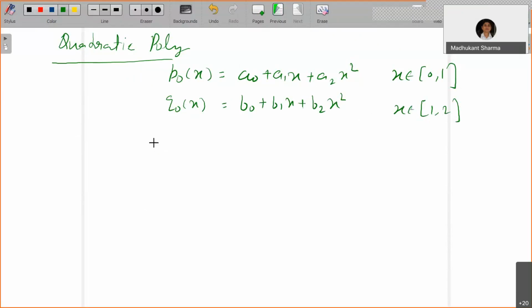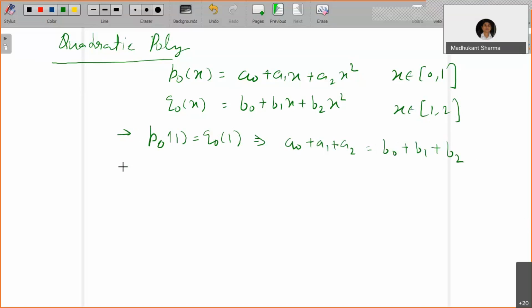So if you impose the continuity condition, p0(1) equals q0(1), you will lose a degree of freedom here. What does this imply? a0 plus a1 plus a2 must be equal to b0 plus b1 plus b2.